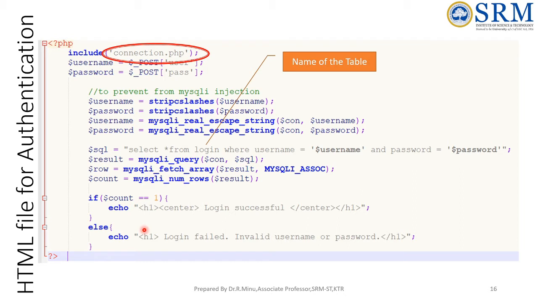And also if there are many entries with the same username and password, so it is not unique, it will say that login has failed because the count will be more than 2. So that's how I have coded it. So let me show you the demo.